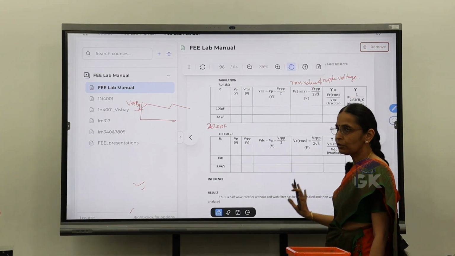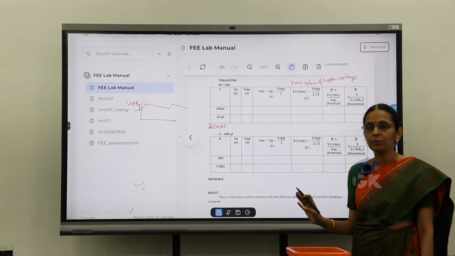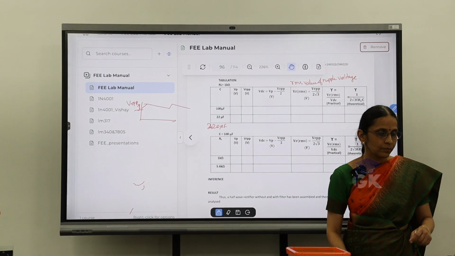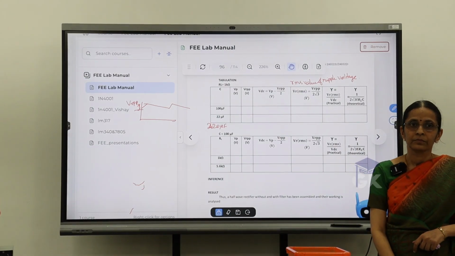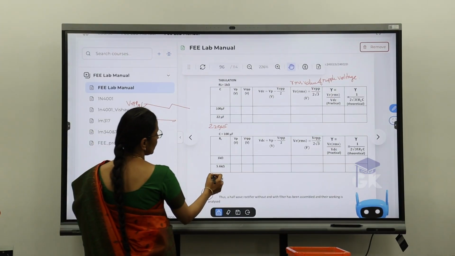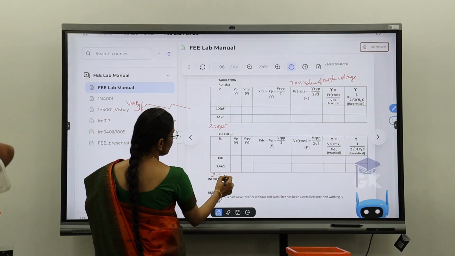Take down the tabular column. I will explain the procedure also. You can use say 2.2 kilo ohms.